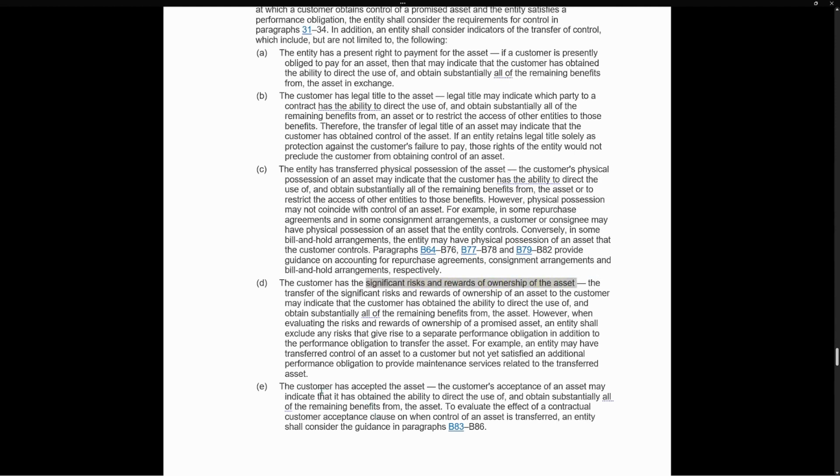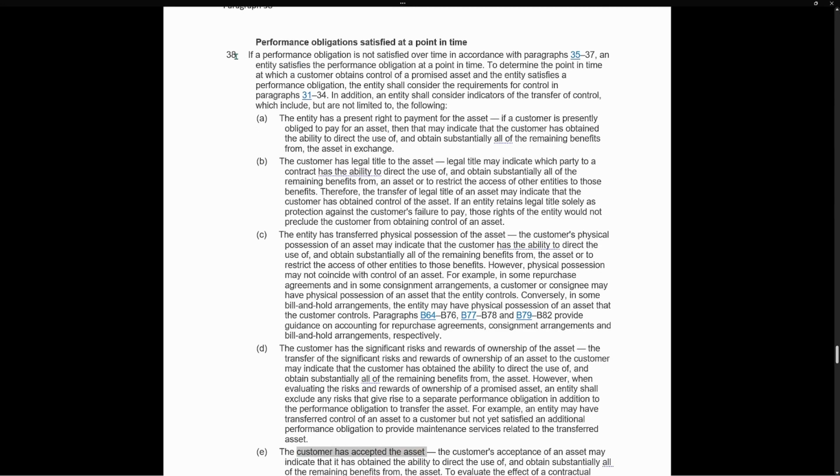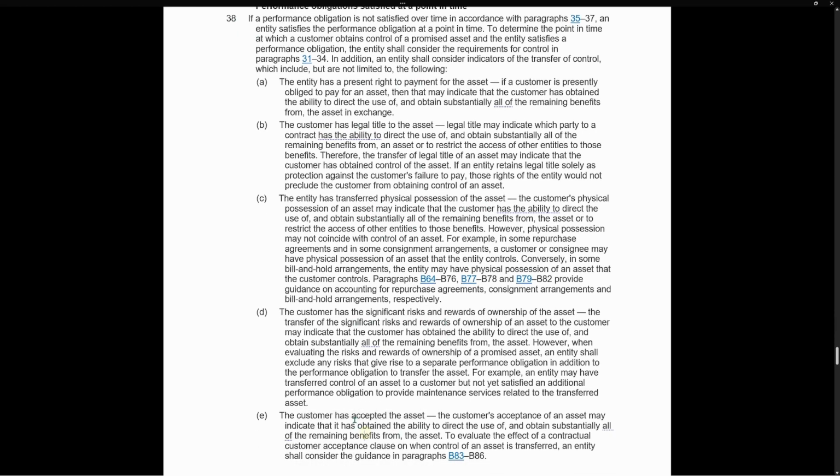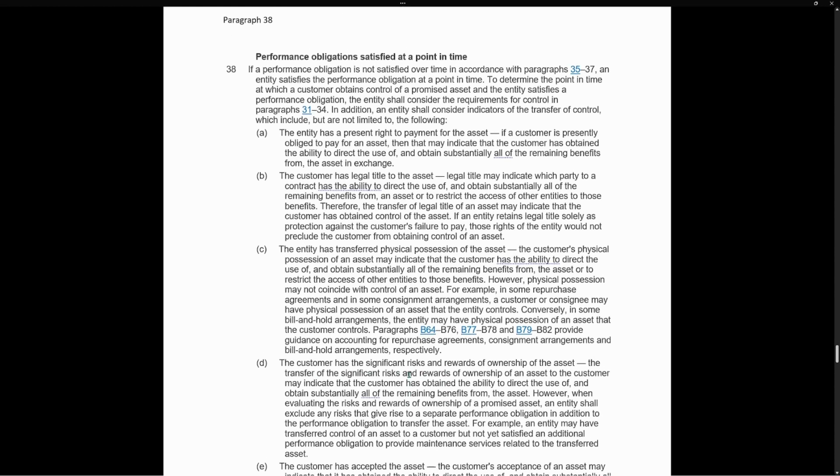And the last part is the customer has accepted the asset. You can take a note that in paragraph 38, the present right, the legal title of the asset, the physical possession of the asset, significant risk and reward, and the acceptance of the asset by customer are really important in this paragraph when you want to recognize and analyze the performance obligation satisfied at a point in time.